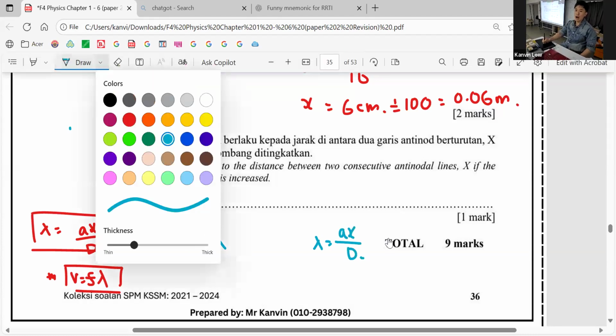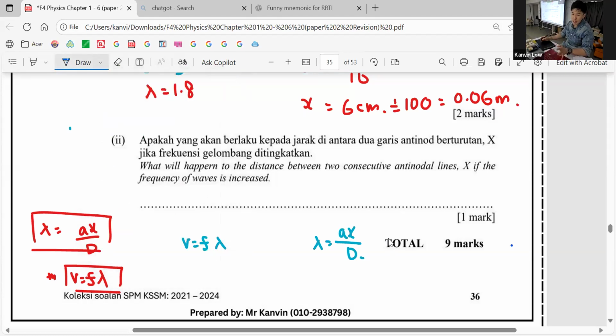Okay, so students, now you can always play around with the formula. Please remember when they ask about the relation. So the first one, when the frequency increases, let's say I move the f to the left: v over f equals lambda. So students, when my f increases, what happens to the lambda? It will decrease, right? If you divide by a large number, this number will become smaller.